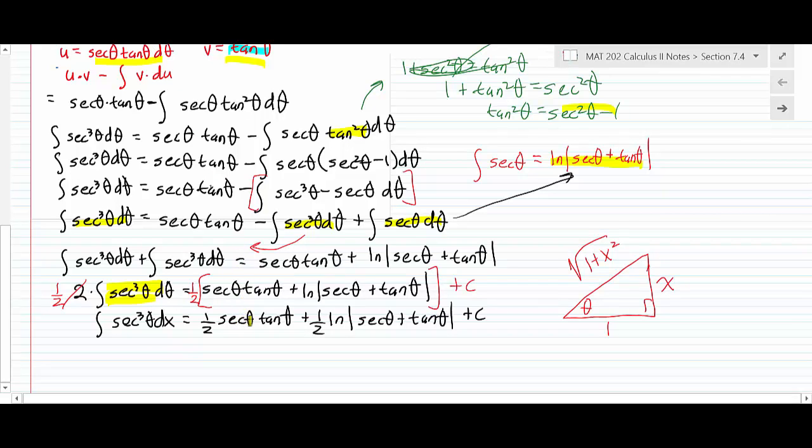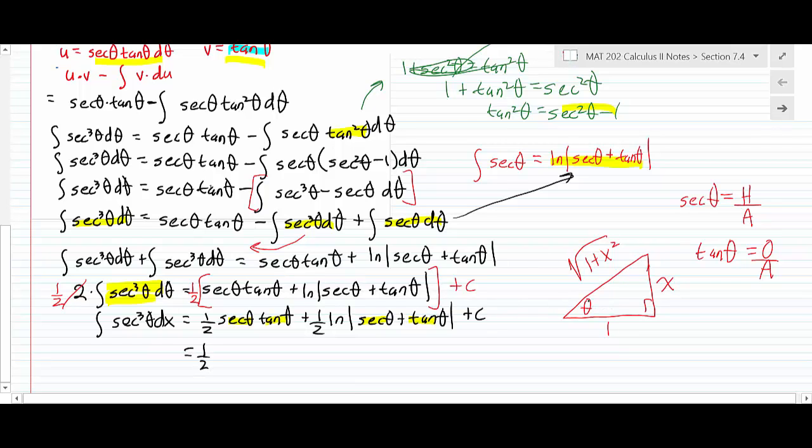So we're just going to do the secant, tangent, and then put it all together. You've got to know these definitions from trig. The secant of theta is hypotenuse over adjacent. The tangent of theta is opposite over adjacent.